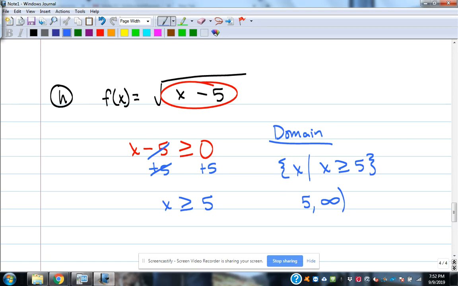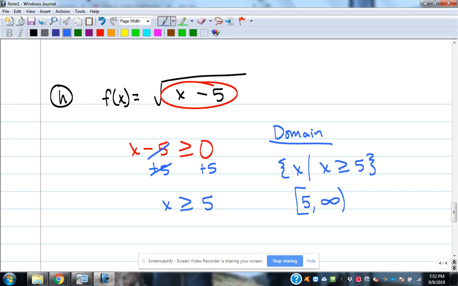Because if we had positive 5 in there, 5 minus 5 is 0. We take square root of 0, it's 0. Right? So that works. So instead of a parenthesis right here, we're going to put a square bracket right there. That means use the 5. It's one of the answers. So if you got an equal to mark, you're going to have a square bracket. No equal to mark or a not equal to, you're going to have parentheses.